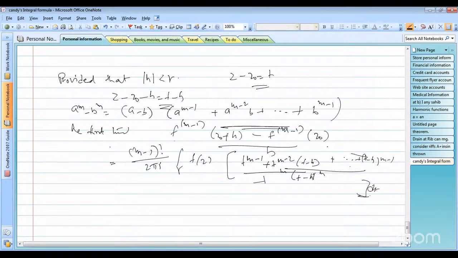We are taking this as equation number 4.